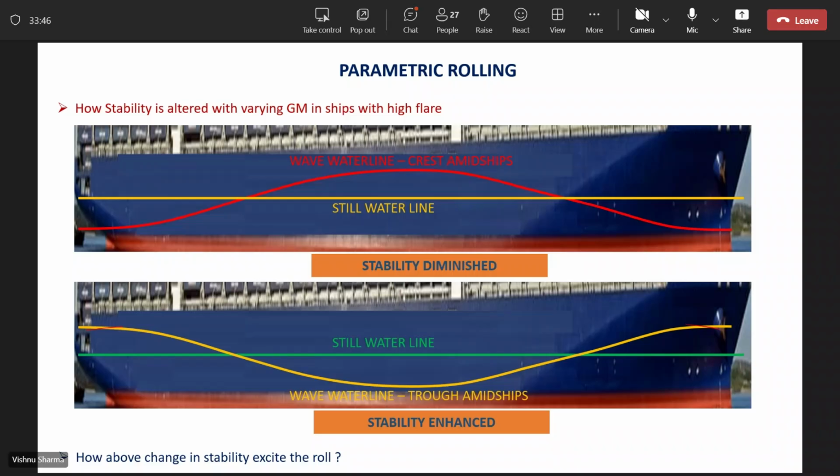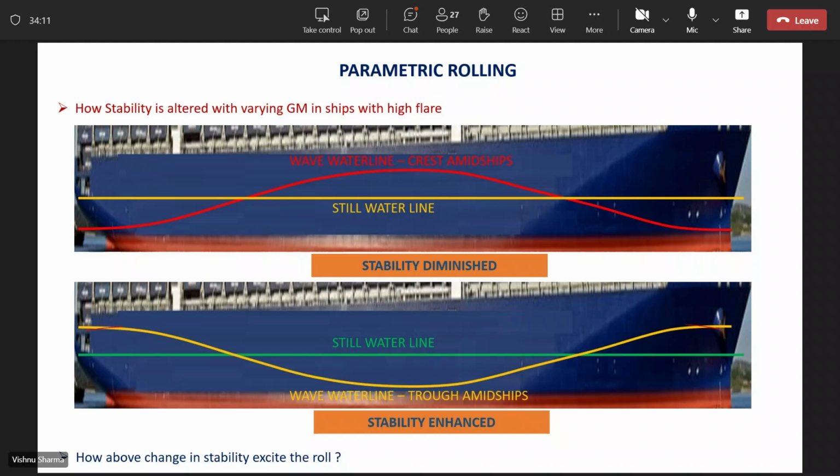But what the wave is doing is changing your stability. And if the frequency at which this stability changes happens to match the rolling period of the vessel, then what will happen? The vessel will again reach a condition of resonance, but we don't call that resonant rolling.